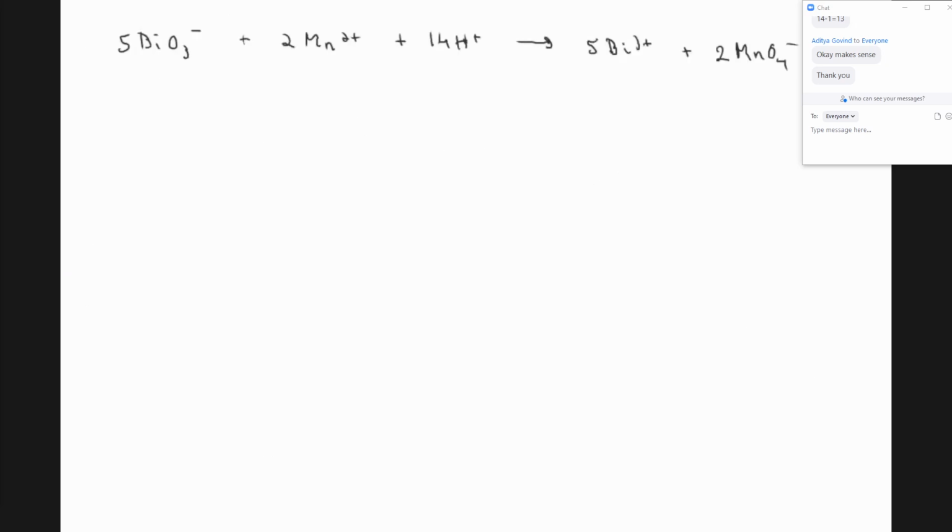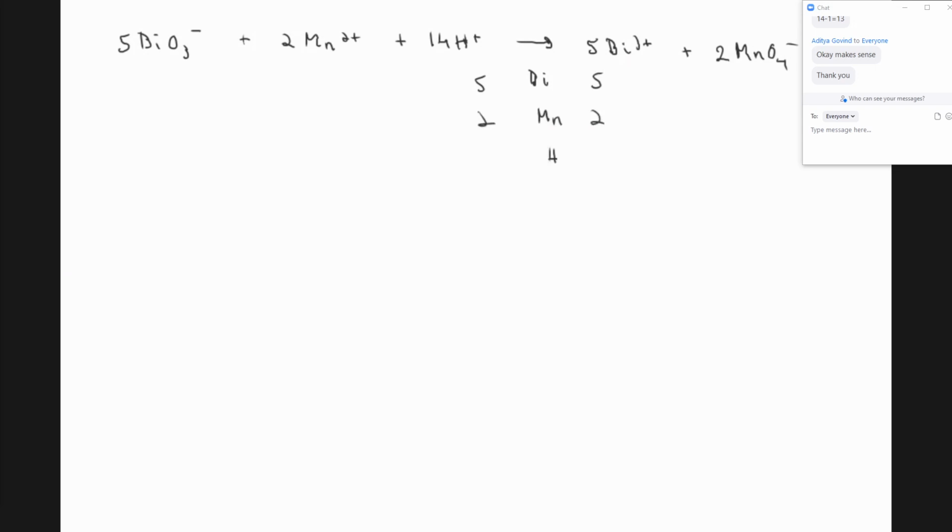Cool. So now we're here. Now, one of the students that wanted to balance the atoms, now we can balance the atoms. Okay? This is the last step, balancing atoms. So if you think about it, bismuth, we have 5 on the left, 5 on the right. Manganese, we have 2 and 2.